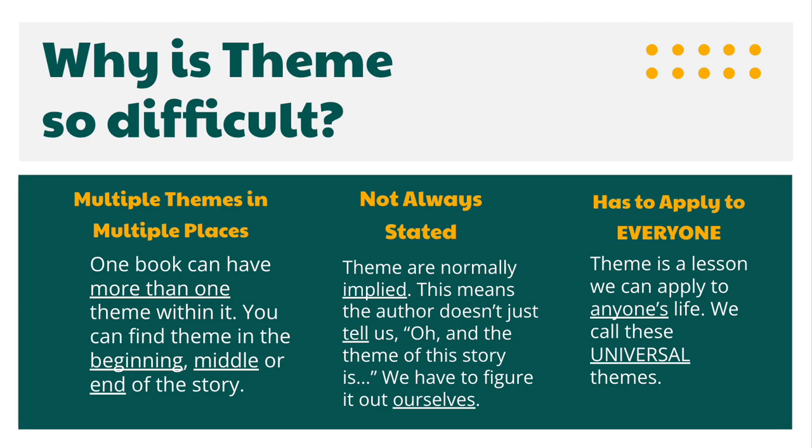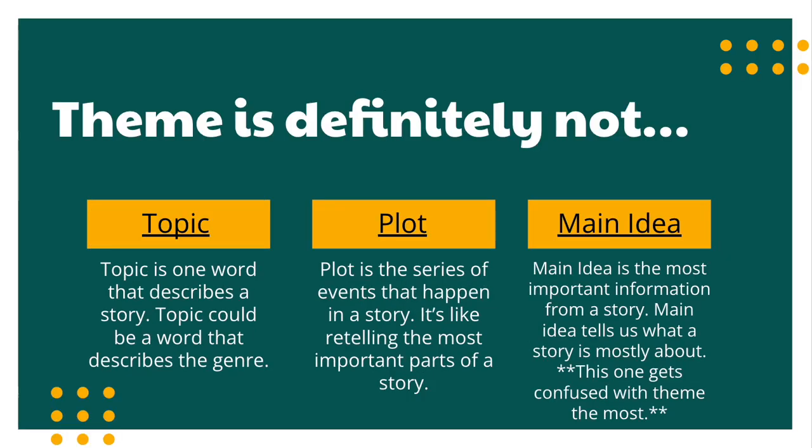It could apply to a woman. It could apply to somebody living in the United States. It could apply to somebody living in China. It could apply to anybody. And those are universal themes. Those are lessons that we could apply to anybody's life. And that makes it difficult because, again, we all come from different perspectives and different backgrounds. And so that can make it a little bit difficult too.